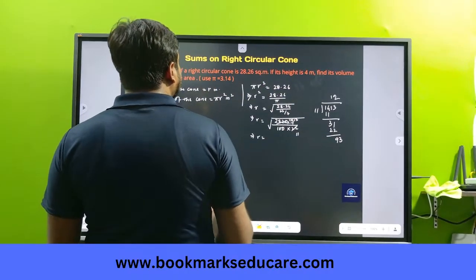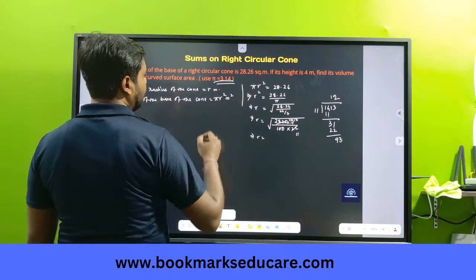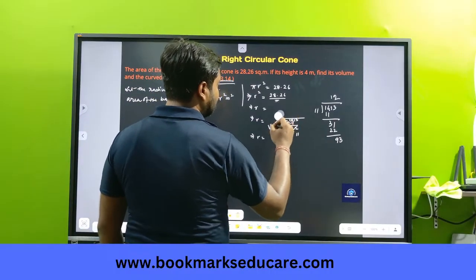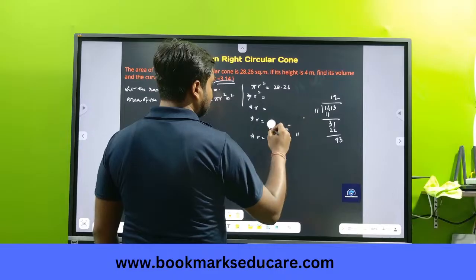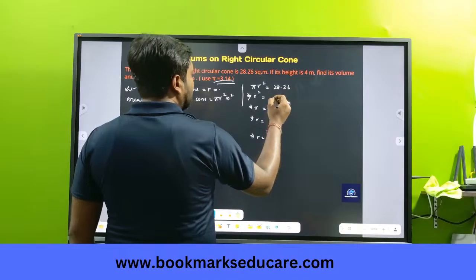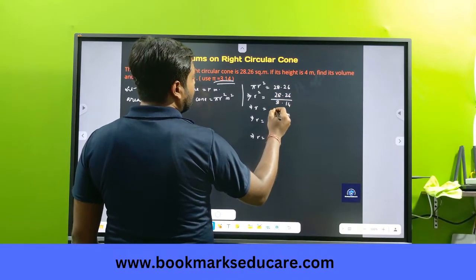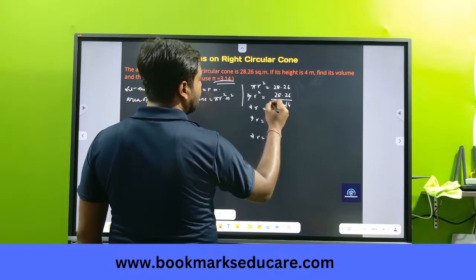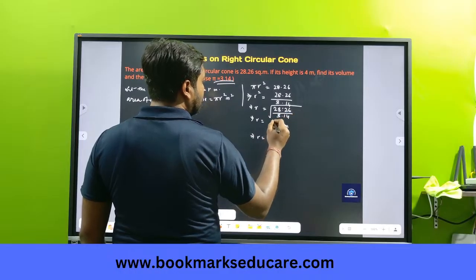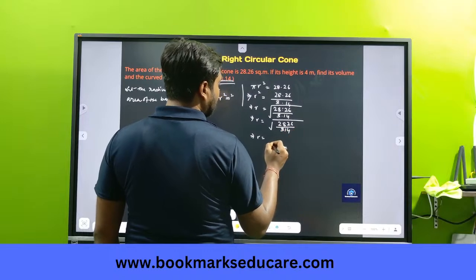I think there is, oh sorry, we have to take pi as 3.14. Sorry for the mistake. We cannot take this. Let's redo this sum. 28.26 by 3.14, and this will be the square root. So this will be 2826 by 314.